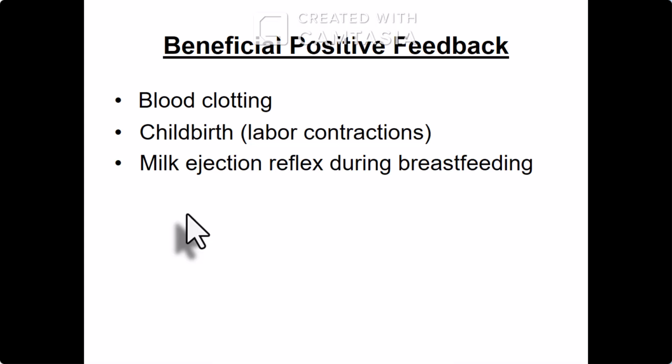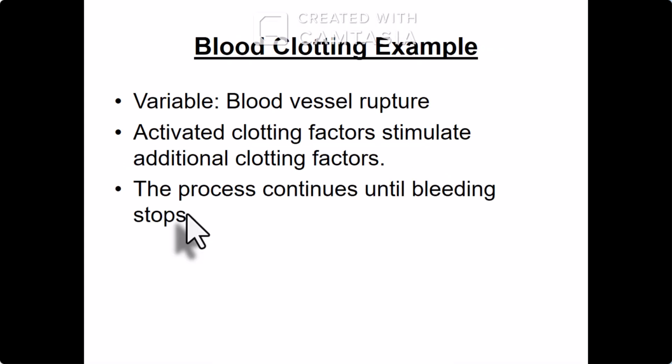By enhancing the process, it is completing it. Here I am giving an example of blood clotting. The variable is blood vessel rupture, and then it starts to activate clotting factors, and it stimulates additional clotting factors, and the process continues until bleeding stops.